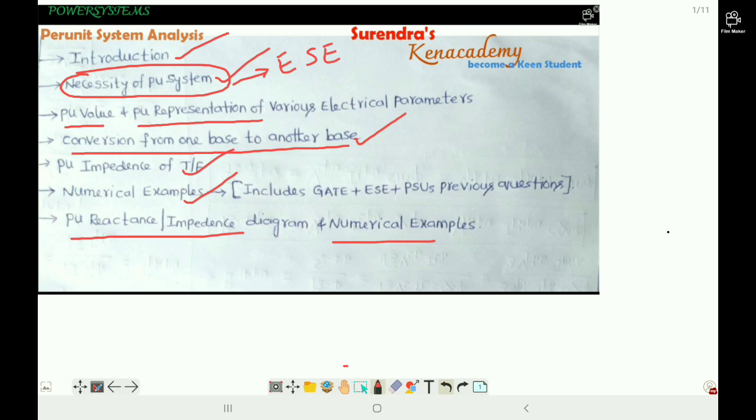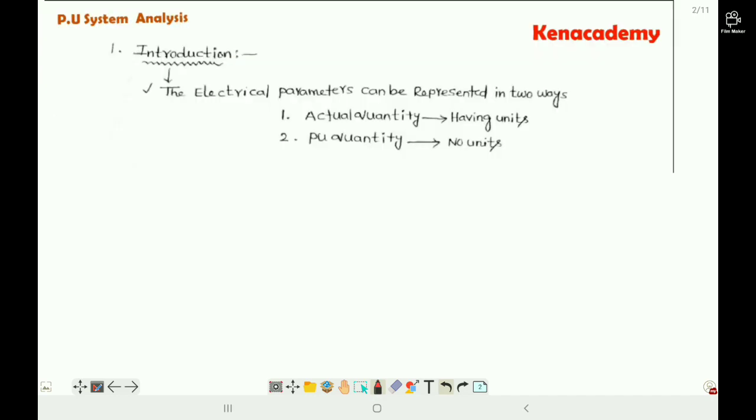Clear? Now, first we will start with some introduction. We know that any electrical system is represented in two ways. One is using actual quantities and the other is using per unit quantities. That means an electrical system is represented by the absolute system and the per unit system.